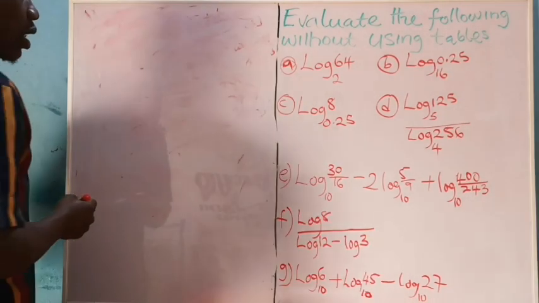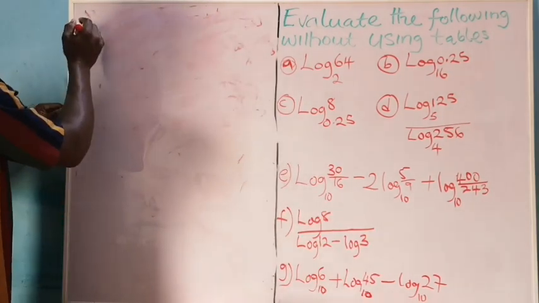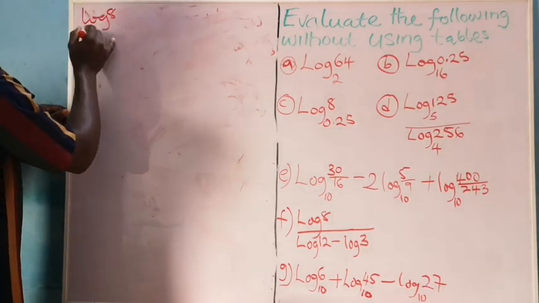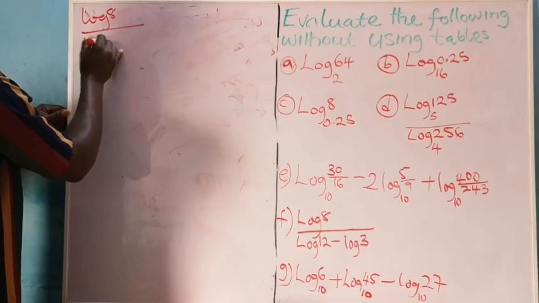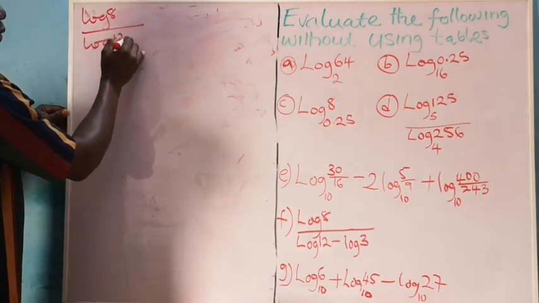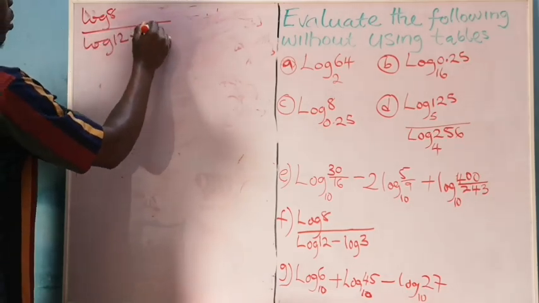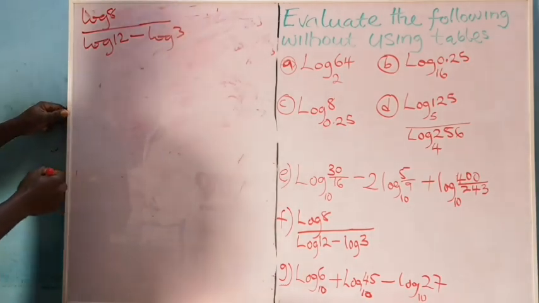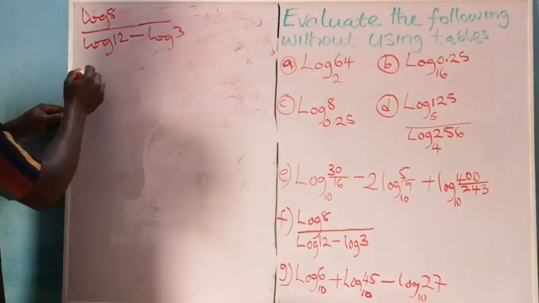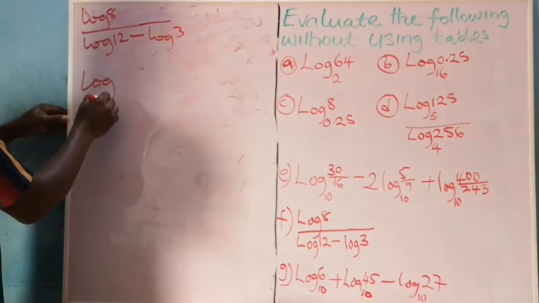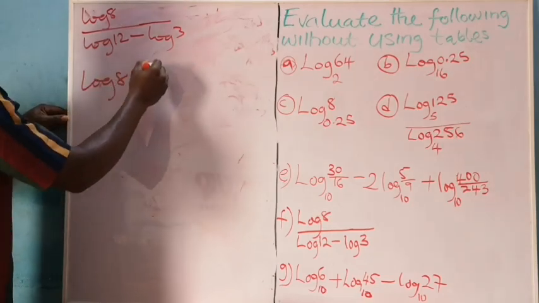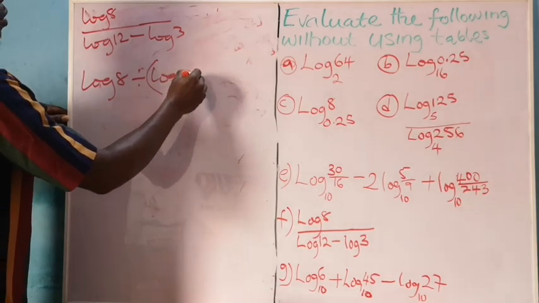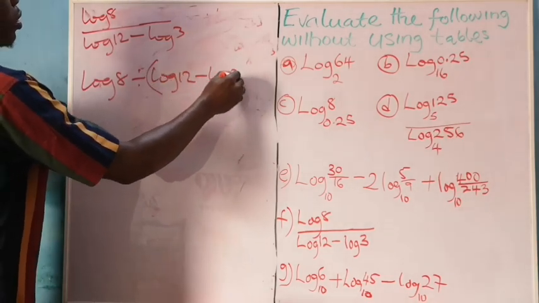Okay, let's take the next one, which is log 8 all over log 12 minus log 3. Okay, now here we are going to write it as log 8 divided by, in brackets, log 12 minus log 3.